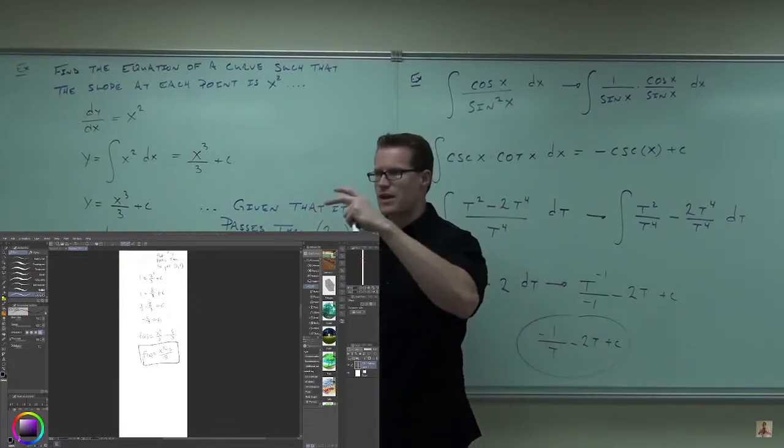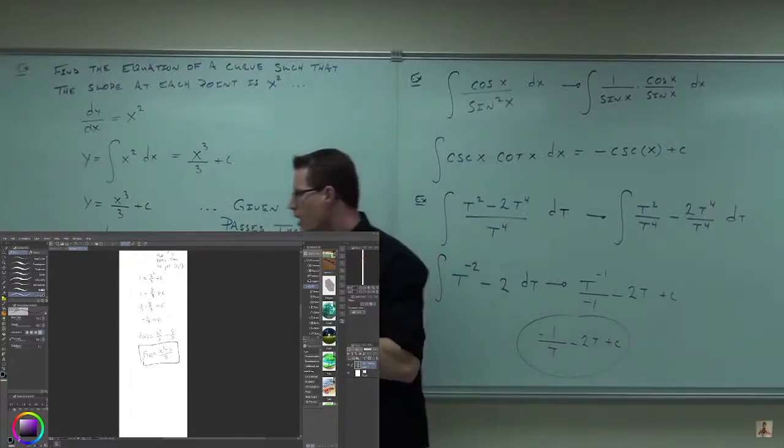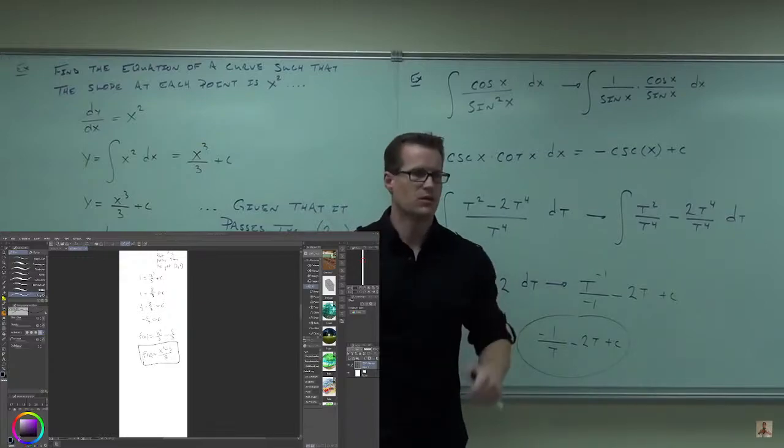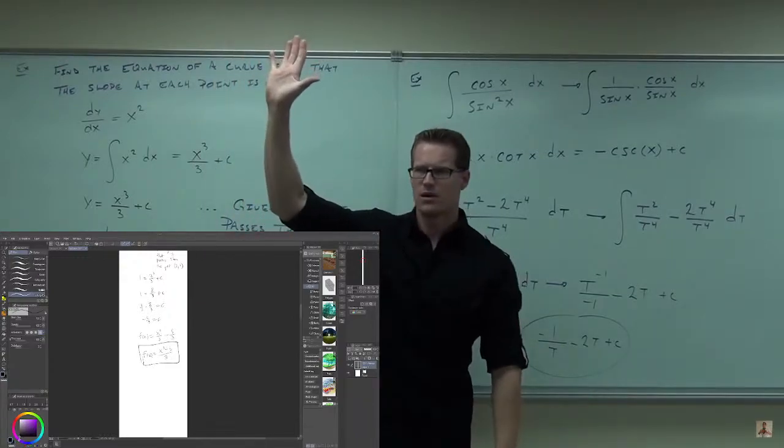That says it's not a family anymore. We've narrowed it down to one of these graphs. How many feel okay with that one? That's the idea.